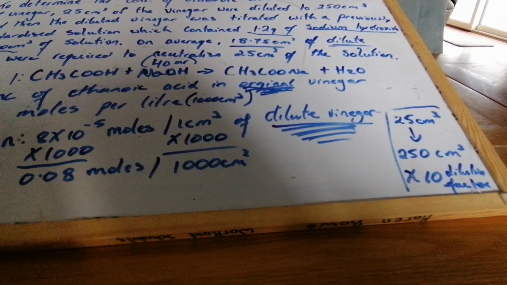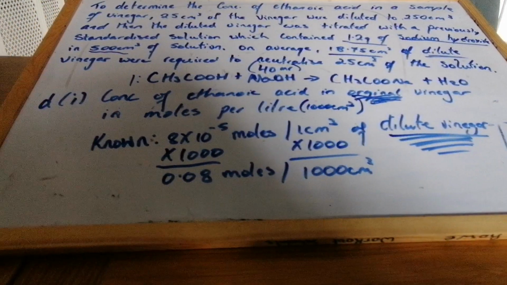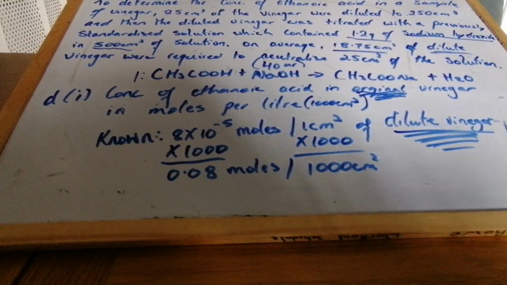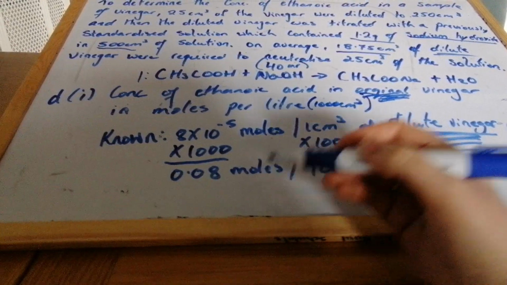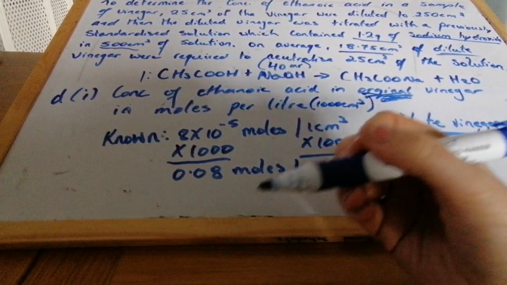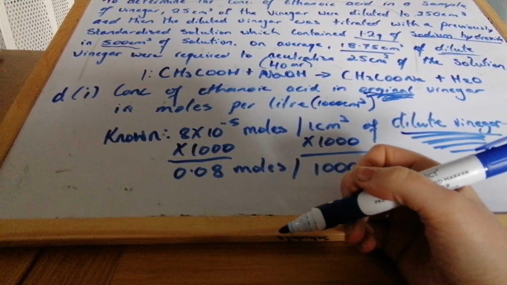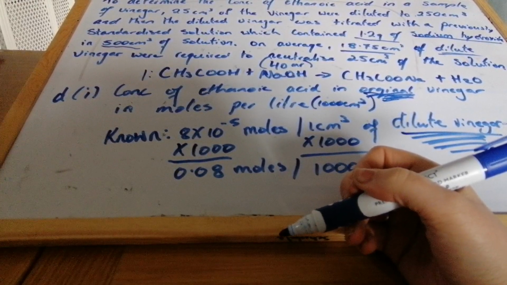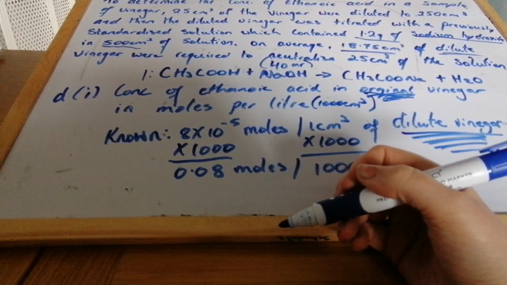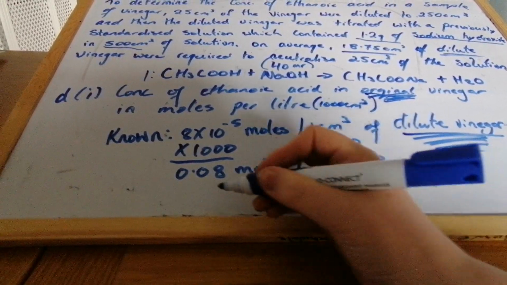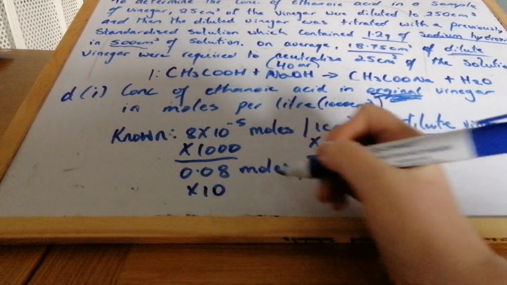Okay, so we know our dilution factor was 10. So when I come back to this, I know that I'm going to have to multiply my concentration, so my moles, by 10 to get my moles per litre of my concentrated vinegar. So I need to multiply this by 10.